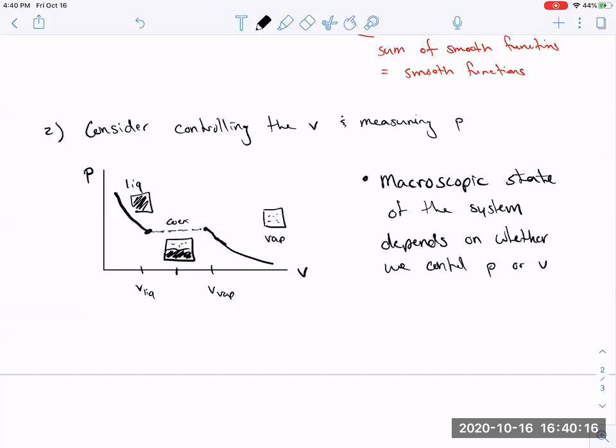And yet this is telling us directly that if we control the pressure or we control the volume, we see very different macroscopic results. It's like saying that the NPT ensemble and the NVT ensemble are not equivalent.